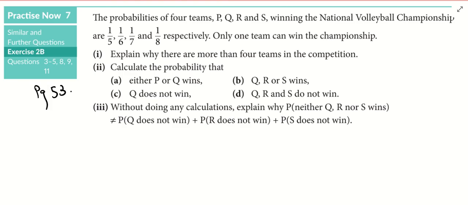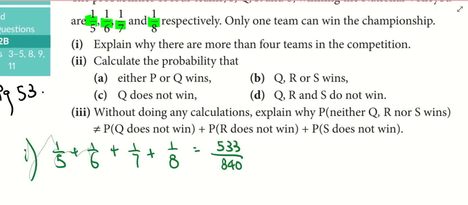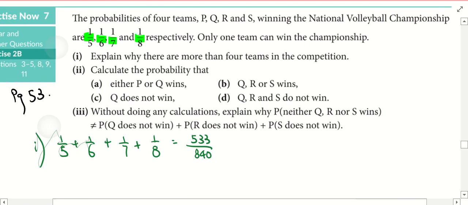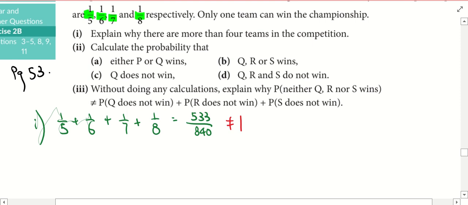Okay, looking at this question, what Javier said, these four numbers, let's add them up. Since the four fractions or probabilities, when we sum them up, we get this fraction, and this is clearly not equal to 1. That means this cannot be the only 4 teams inside. Am I right? This cannot be the only 4 teams inside.